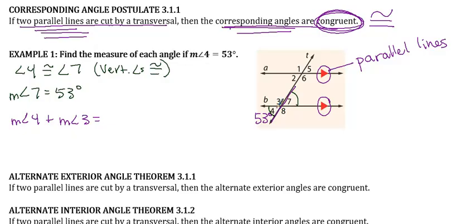Linear pairs are supplementary. Supplementary angles are 180 degrees. But if we know the measure of angle 4 is 53 degrees, we can replace that. We can use substitution and say, well, 53 degrees plus the measure of angle 3 is 180. We can solve this equation. So the measure of angle 3 is 127 degrees.